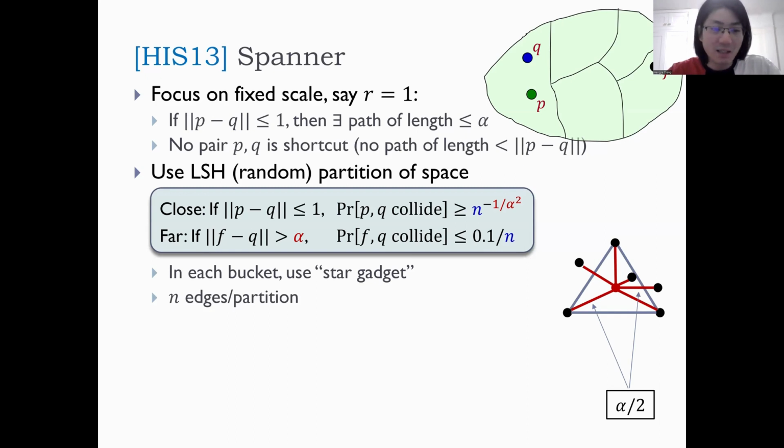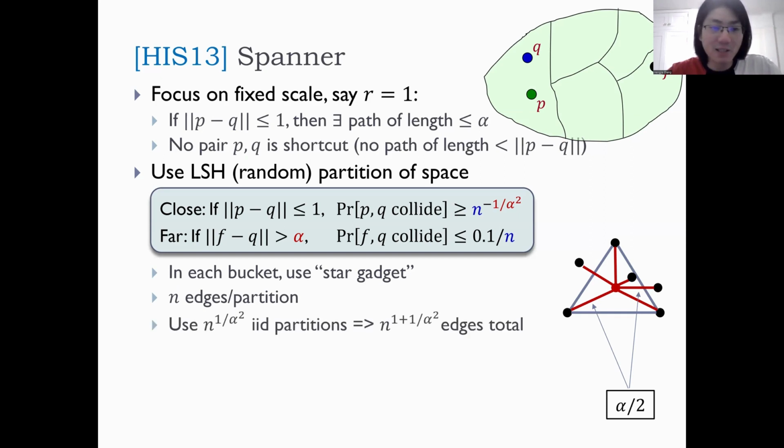And in each iteration, we add only n edges, because every point falls into one bucket and links one edge.